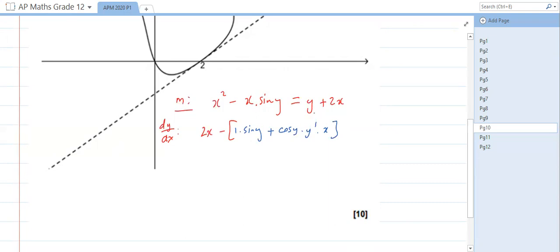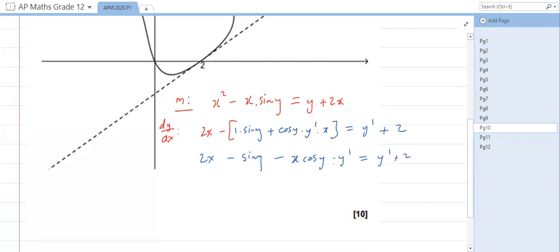The derivative of y is just y prime, and the derivative of 2x is just 2. Now let us simplify this. We have 2x minus sine y minus x cos y times y prime is equal to y prime plus 2.